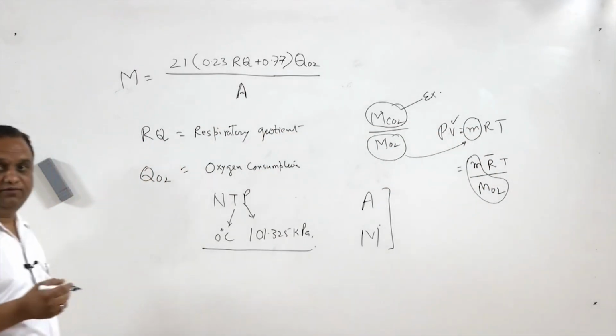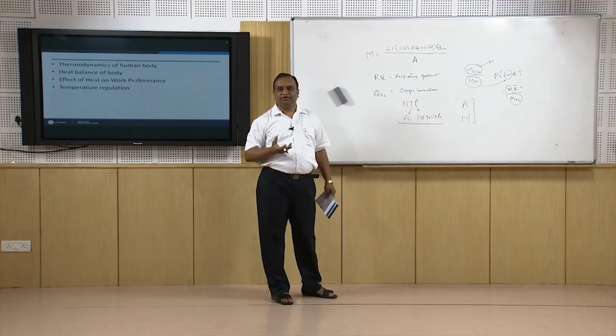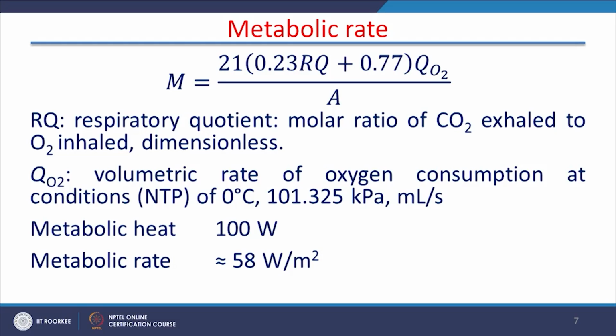So normally for a human body it is assumed that in a sedentary activity, suppose somebody is sitting on the chair and doing nothing, the metabolic heat evolved from the body is 100 watts.